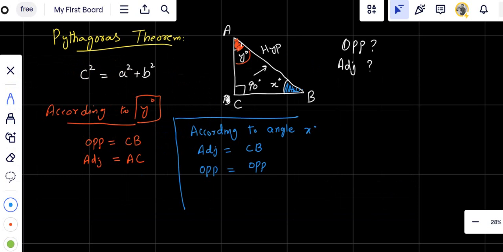From these, we can understand that hypotenuse is always the side opposite to the 90 degrees, and base and opposite can change. So this is the whole concept of Pythagoras theorem, and this is only valid for right triangles. Now in Pythagoras theorem, we can have two types of questions.